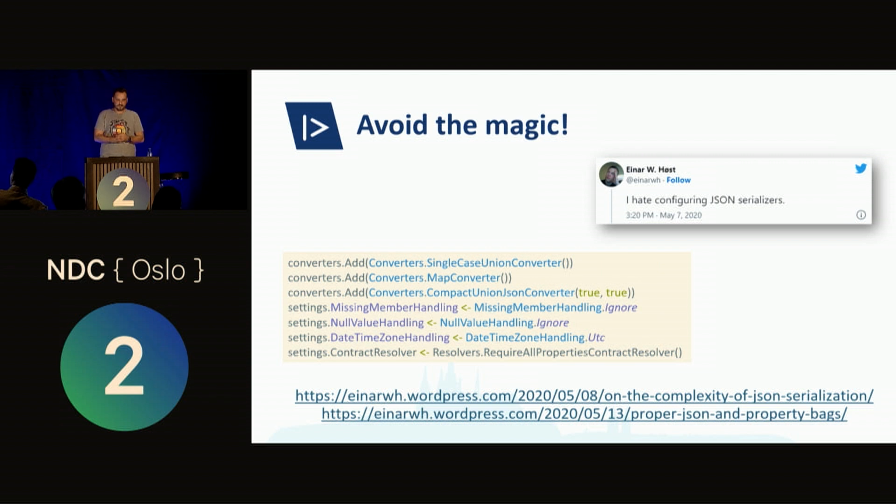Again, on this topic, I really like this tweet from Einar W. Host, who said, "I hate configuring JSON serializers," and really this part is painful for me. I need to again admit that we did this wrong. We have just the configuration for serializers, 496 lines of code. This is way too much for simple stuff like converting some data from F# types to JSON.